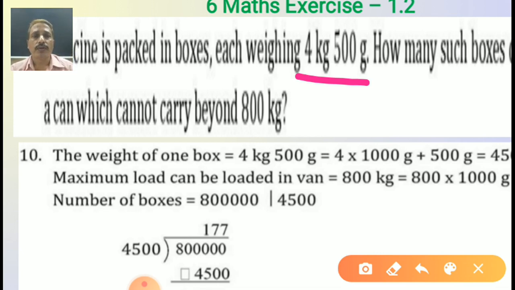Now students, first of all we have to convert into a proper unit. This 4 kilogram and 500 grams is converted into grams. Kilogram means 1000 grams. 4 multiplied by 1000 is 4000 plus 500, so 4500 grams.